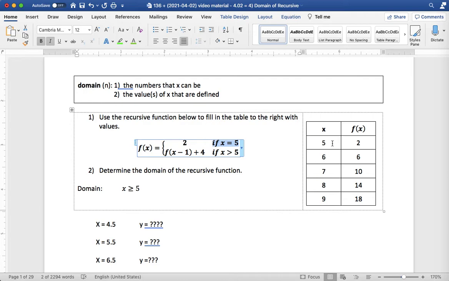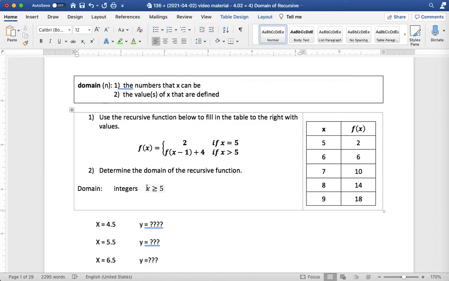So looking at this, the recursive function is only defined when x is equal to or bigger than 5, but only the integers. So it's only integers of x bigger than or equal to 5.